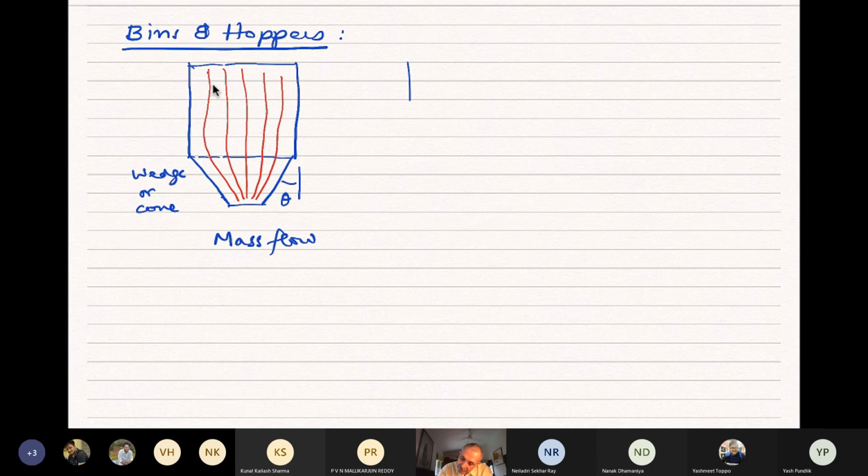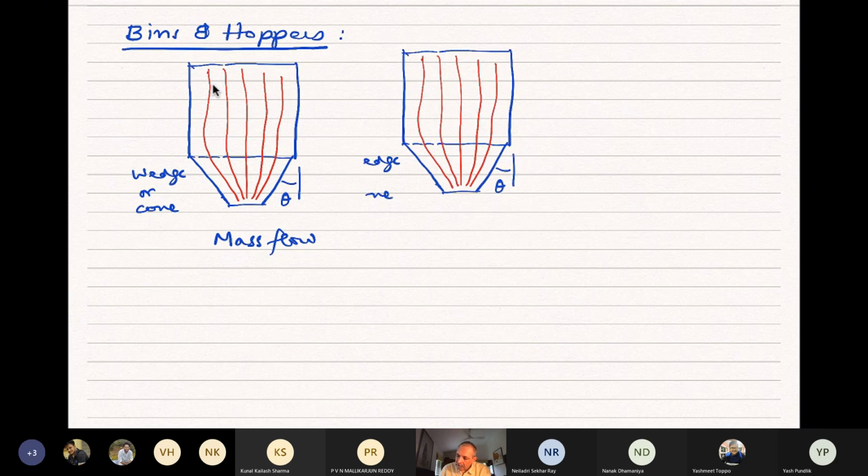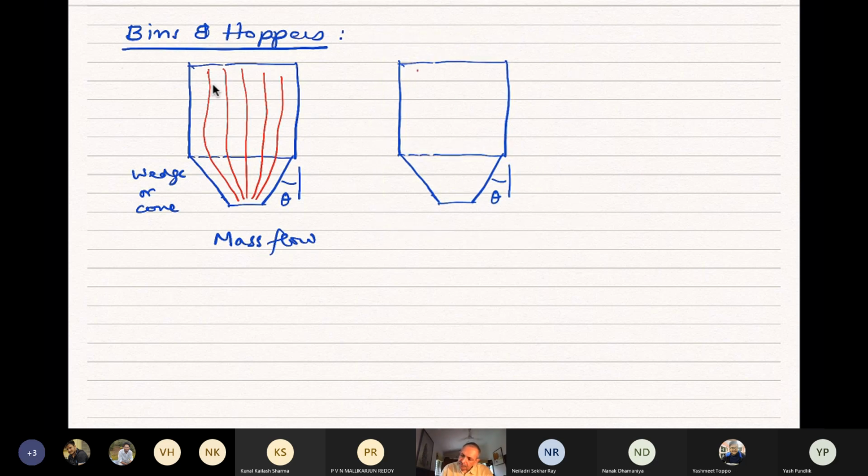But even in these types of cases, there may be situations where the material is sticky or something like this, in which case there is no uniform flow, but you may get some regions that just remain stagnant.